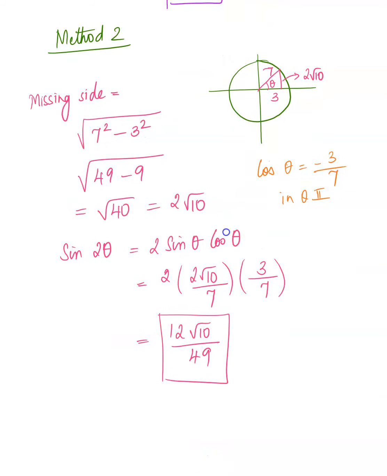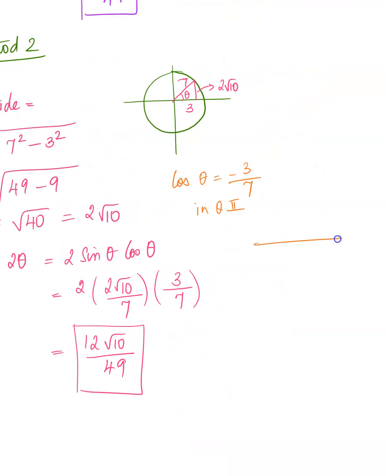If that was the case, then I will construct my triangle in quadrant 2, so it will look like this. And cosine theta will be adjacent over hypotenuse, so that will be 3 and the 7. The hypotenuse can never be negative, but because your x coordinate is on the negative side, the 3 gets the negative. So it helps us to assign the sign in the triangle sides.